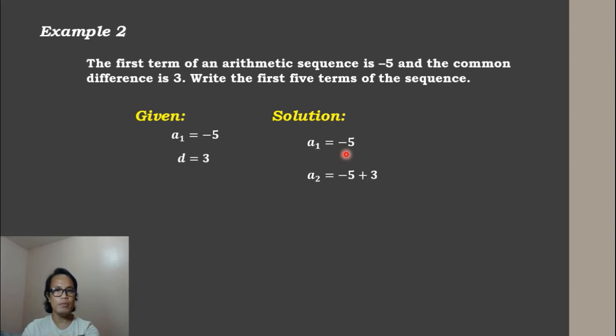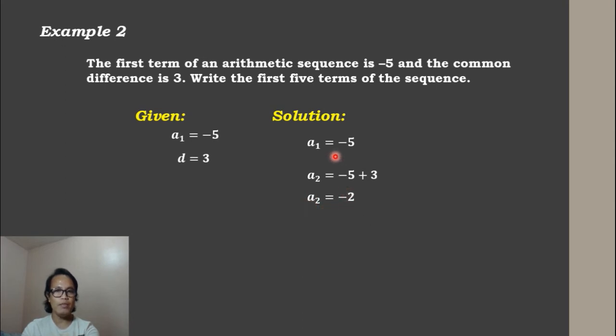Since our first term is negative 5, we just simply add the common difference 3 to the first term. So that is negative 5 plus 3, which is the common difference. So negative 5 plus 3 is of course negative 2. So if our first term is negative 5, our second term, which is a sub 2, is negative 2.